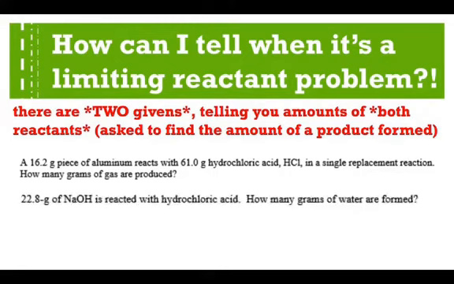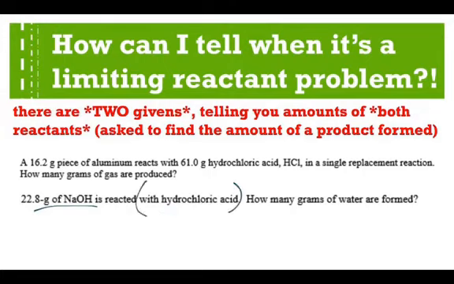In contrast, a normal stoichiometry problem normally just has 1 number in it. It's 22.8 grams of NaOH. It's the only given. You can tell this is just going to be 1 stoichiometry problem for you to do. And all it is asking you is how many grams of water are formed. Sometimes even it mentions that other substance. It says that much sodium hydroxide is reacted with hydrochloric acid.